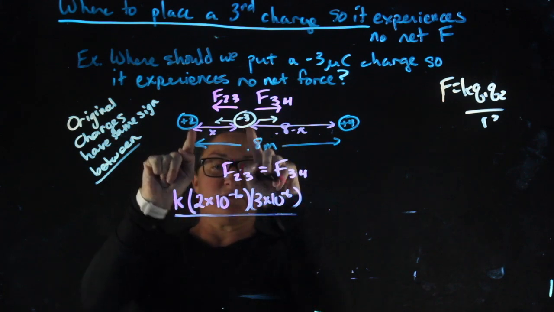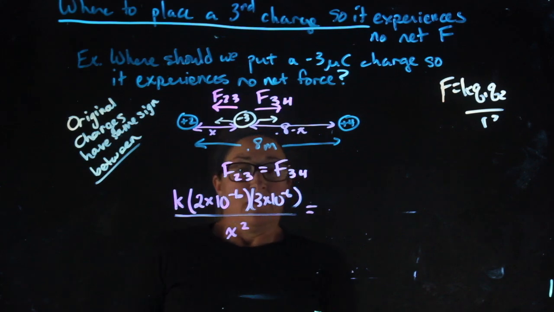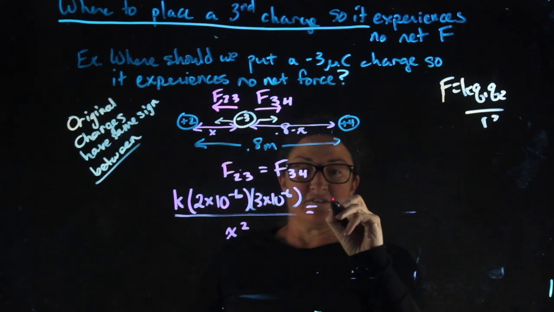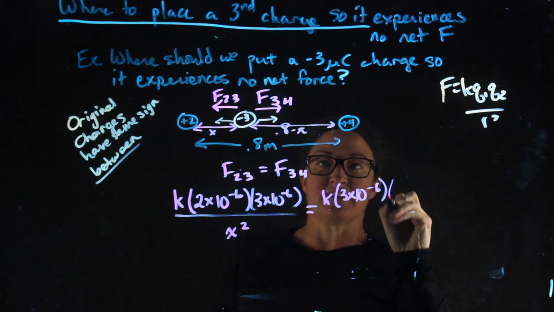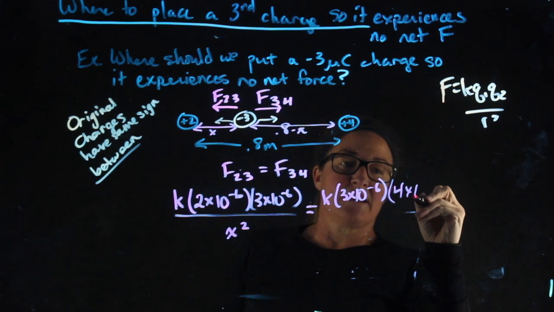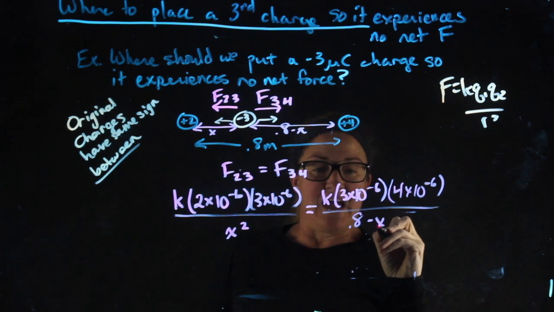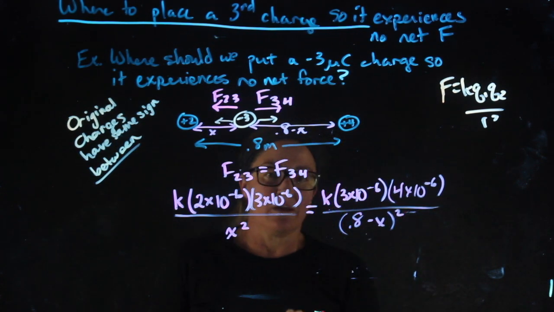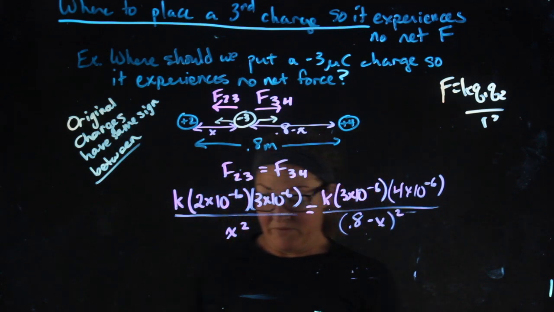Since I'm talking about the force between the 2 and the 3, this will be over x squared. That'll be equal to this force, K times 3 times 10 to the -6th times 4 times 10 to the -6th over 0.8 minus x quantity squared. This looks like a mess to solve, and it's not that bad because a lot of stuff cancels out.